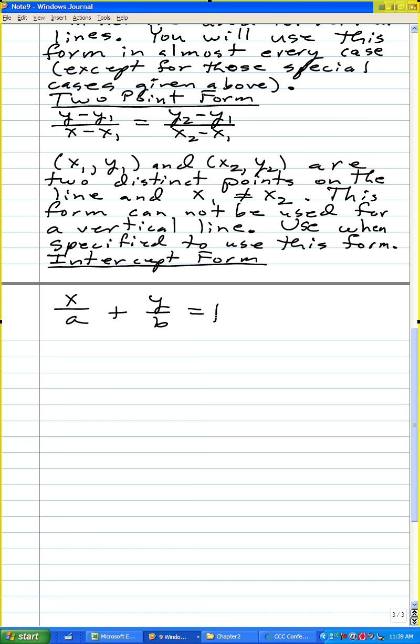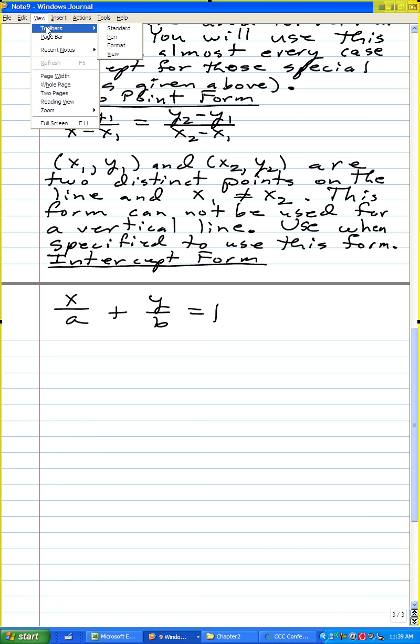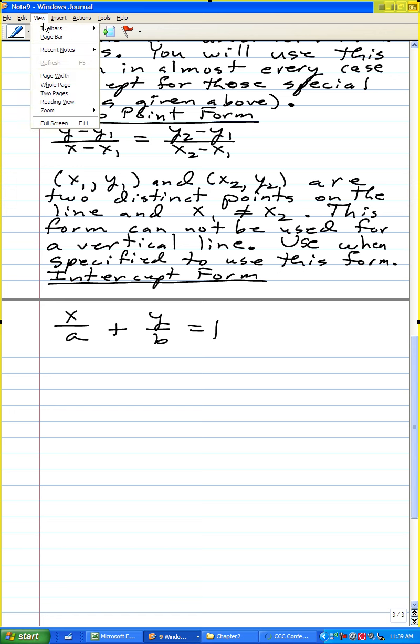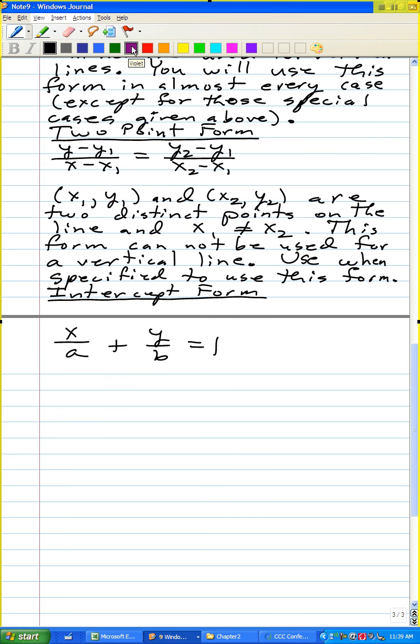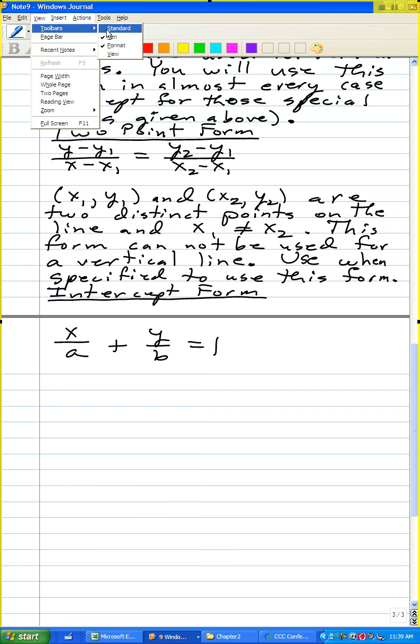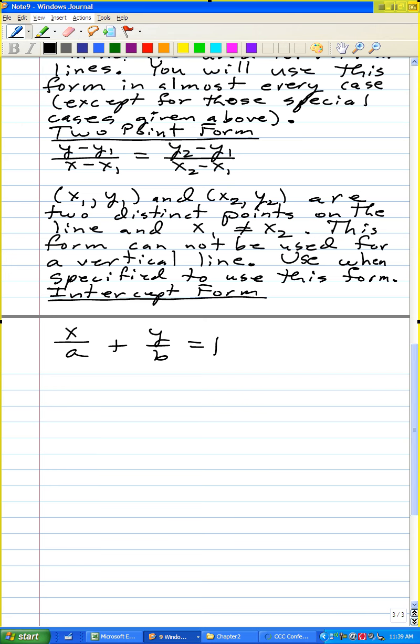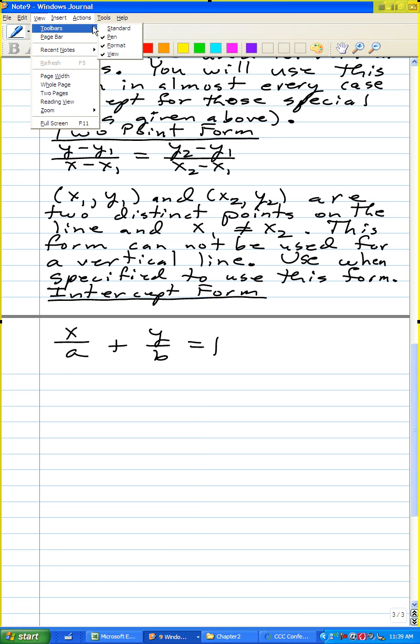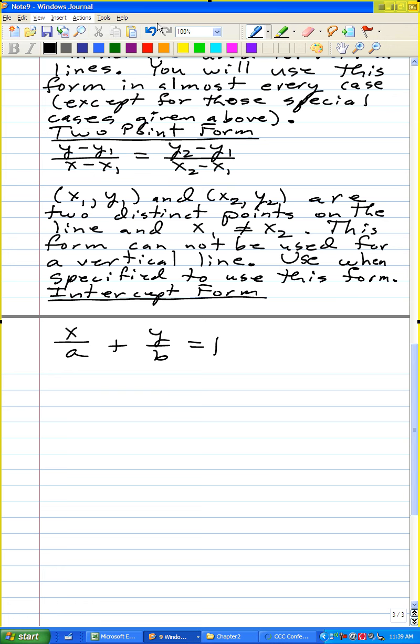This is very similar to the equations for other objects such as the ellipse, the hyperbola, etc., so this is a fairly standard form.